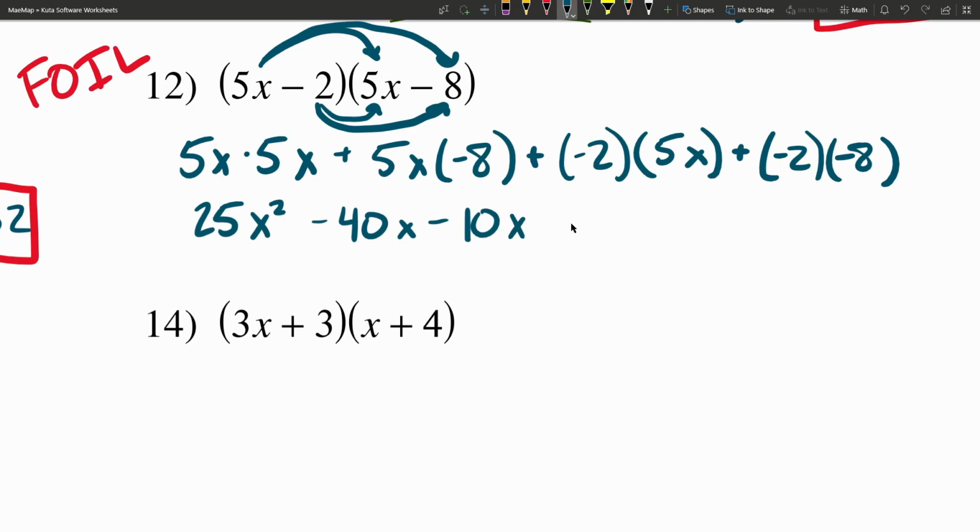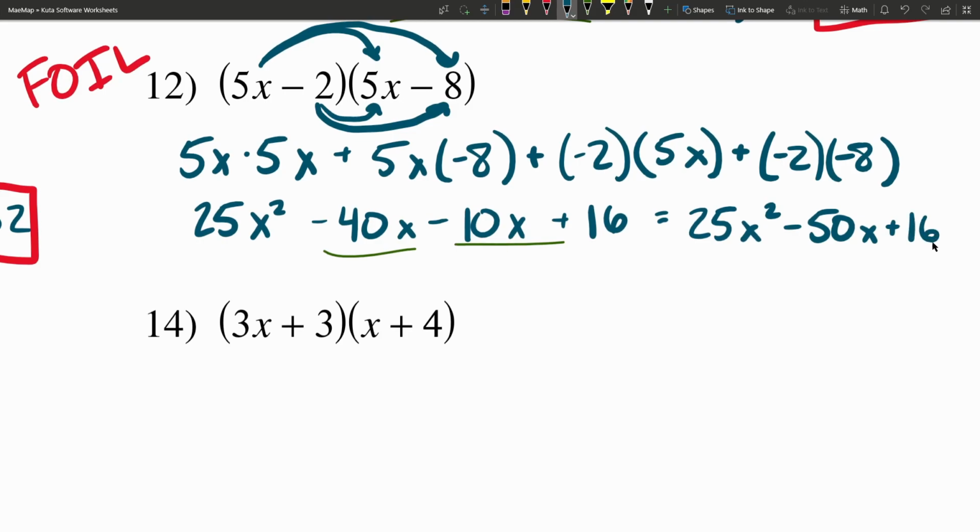And then finally adding, negative times negative is a positive, so we are indeed adding the positive 16. So combining this, we're going to combine our negative 40x and our negative 10x. Since both are subtracted, we're going to be going further into the negatives, or subtracting an even larger number. So that's going to result in 25x squared minus 50x plus 16.